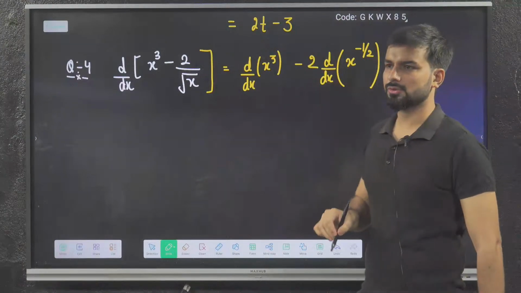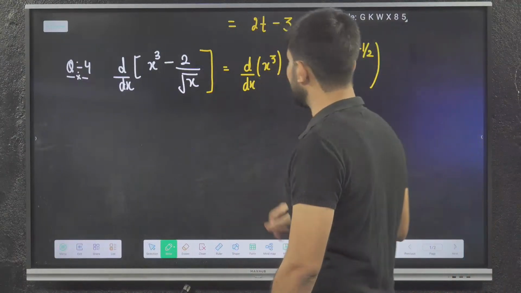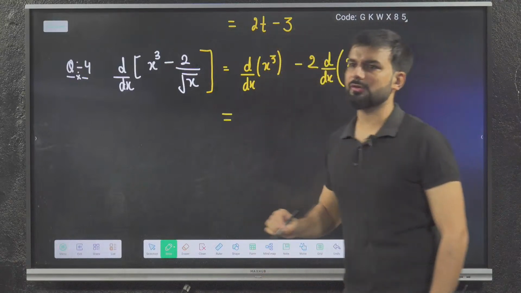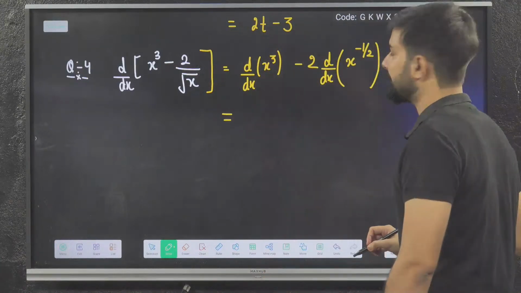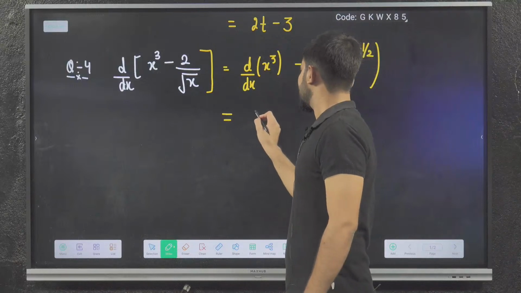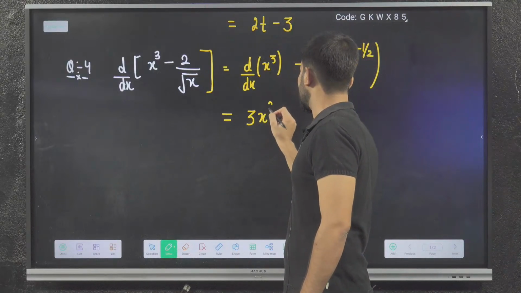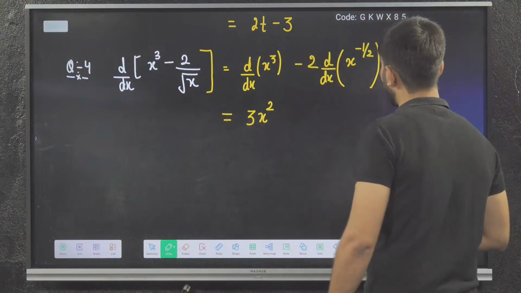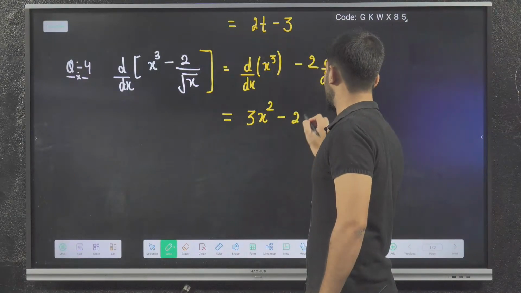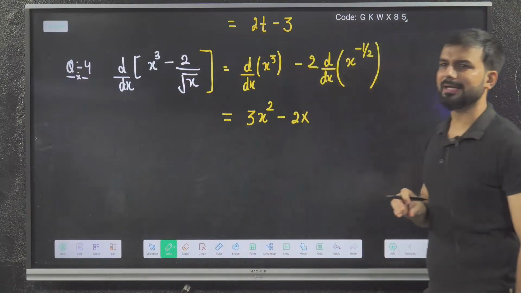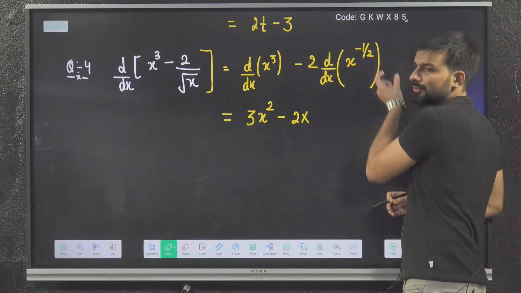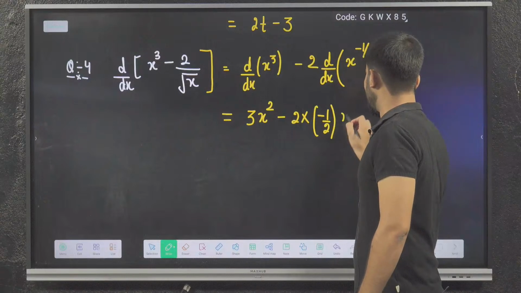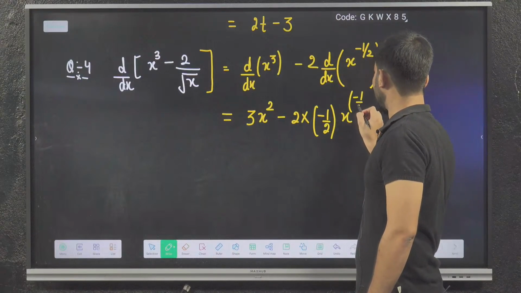Now you have to solve these two differentiations. So what answer will you get, beta? What is the differentiation of x cube? It will be 3x square. And for this, minus 2 into, what will happen to this power? It will come forward like this, minus 1 by 2, and x power subtract 1.